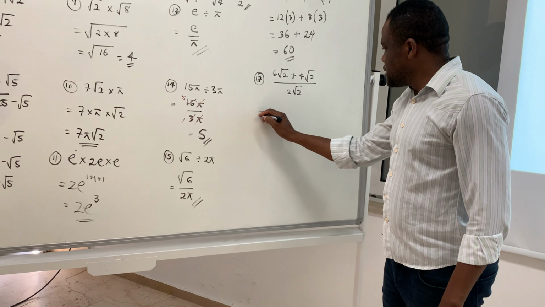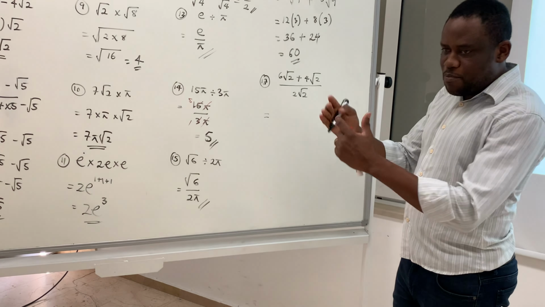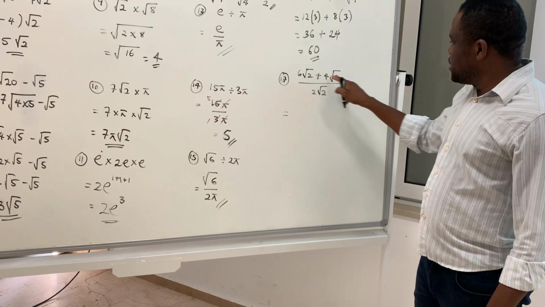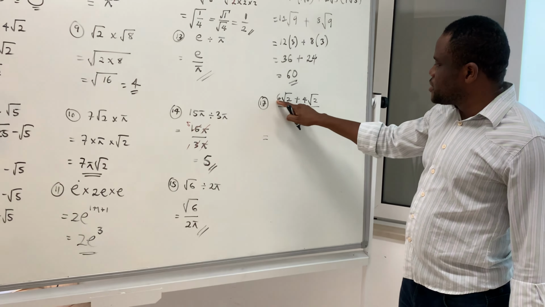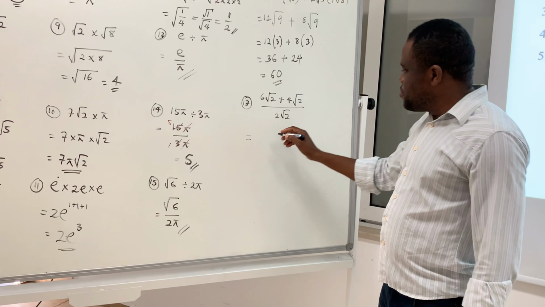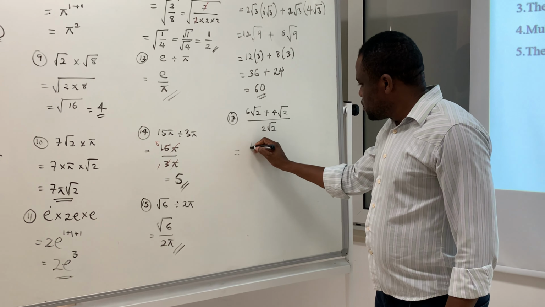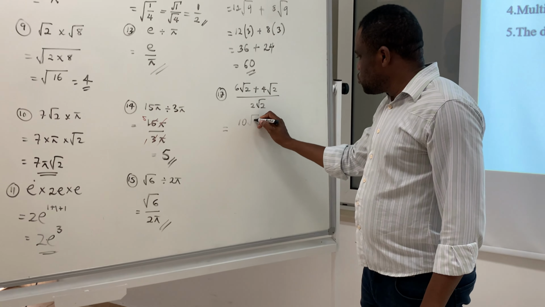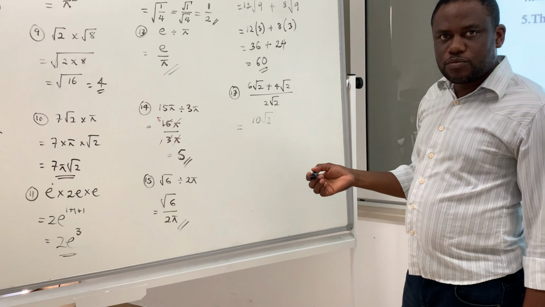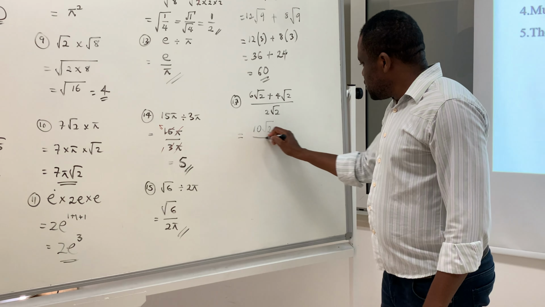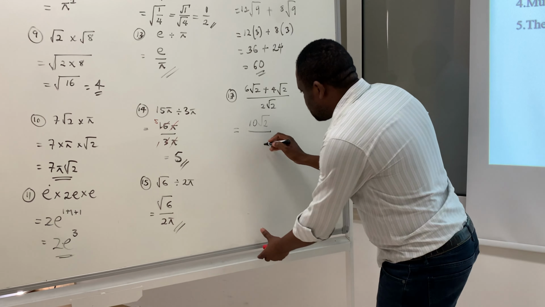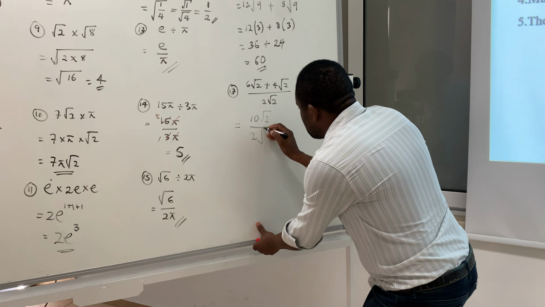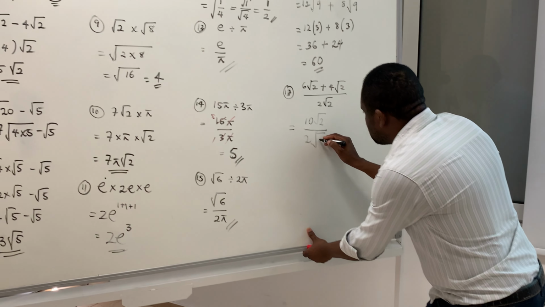I can solve this one and later put them together. This and this have the same root. I can say 6 plus 4 will give me 10 root 2, divided by 2 root 2.